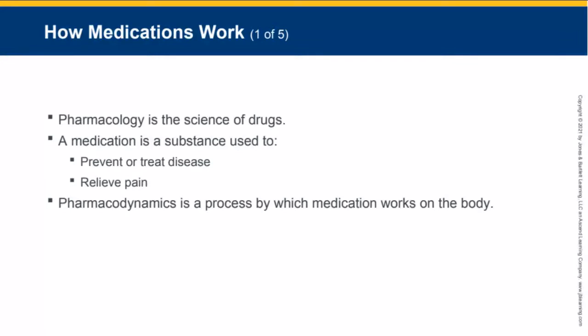Pharmacodynamics. This is the process by which medication works on the body. A medication can either produce an effect or block the receptors to prevent other chemicals or medications from working.